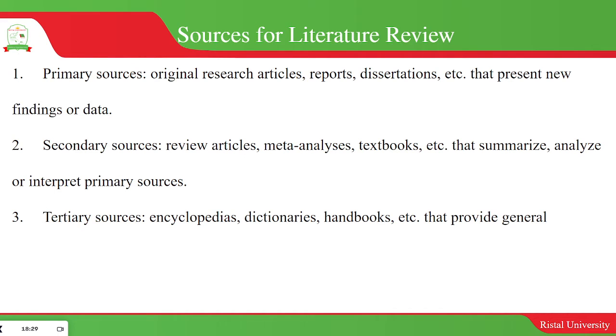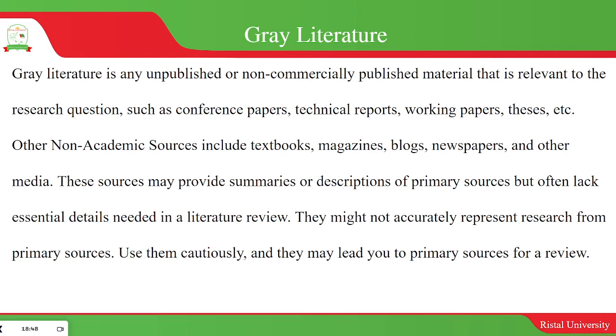So if you look at other people's work to come up with your work, that is what you call secondary sources. And then tertiary sources, things like the dictionaries, the handbooks, the encyclopedia, they generally provide general information about anything that you're interested in.